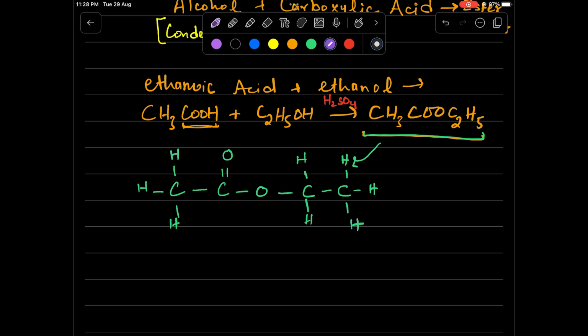Notice I have not given any hydrogen to this carbon, and there's a reason for that. I told you in the very first lesson that carbon has a valency of 4. It needs 4 electrons to complete its shell. Here the valency of the carbon is completed because it already has 4 bonds: 1, 2, 3, 4. It doesn't need a hydrogen to stabilize the carbon atom.